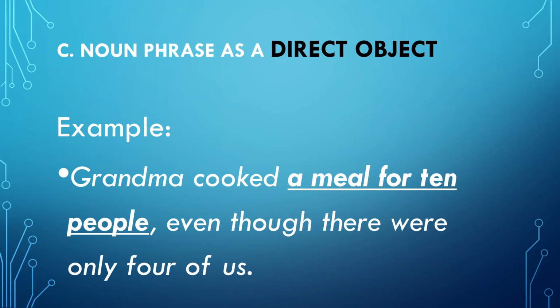Now, the rest of the phrase for 10 people creates a noun phrase that acts as a direct object. Again, the noun phrase in this sentence is a meal for 10 people. The head noun is meal. Modifiers are a and for 10 people.